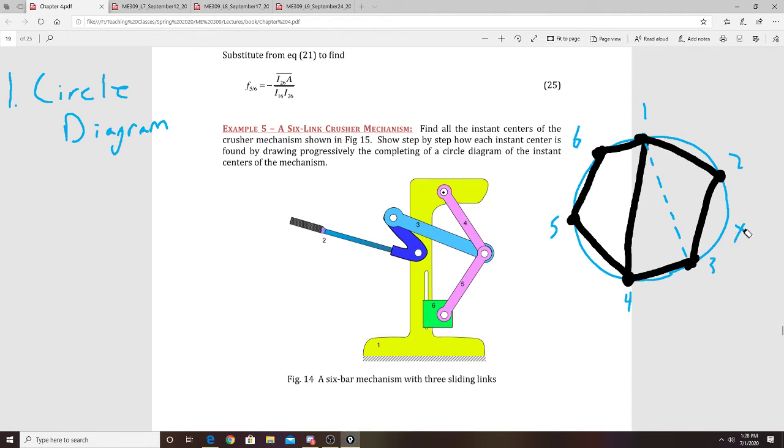So let's draw those lines. So what we can do is, let's do I12 and I23. So I12 is here, right? And I23 is here. So we must draw a line through that, which I'm going to do my best.